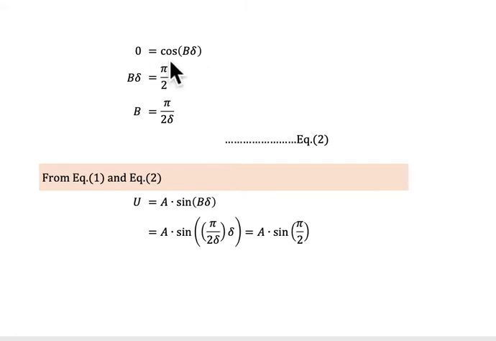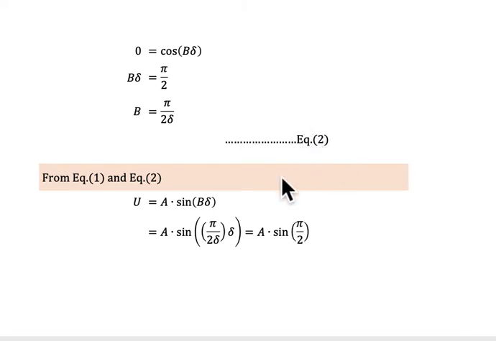Cos is equal to 0 at pi over 2, so we equalize b delta equal pi over 2. We could say that b is equal to pi over 2 delta, and we name this equation number 2.